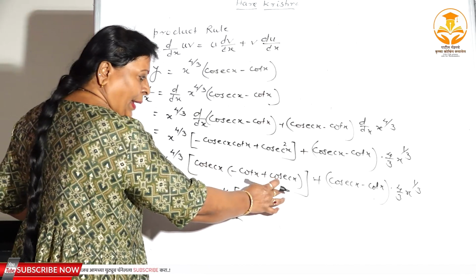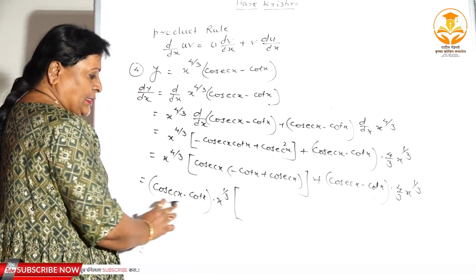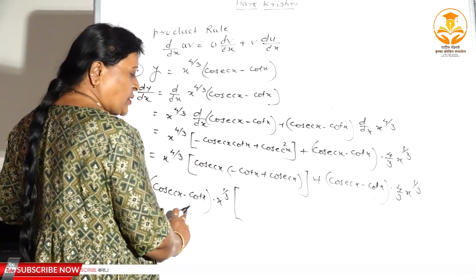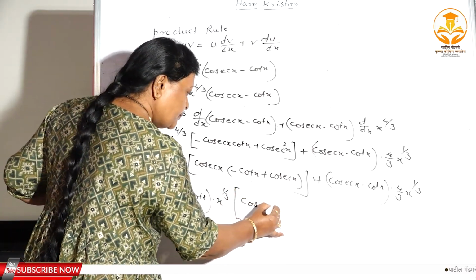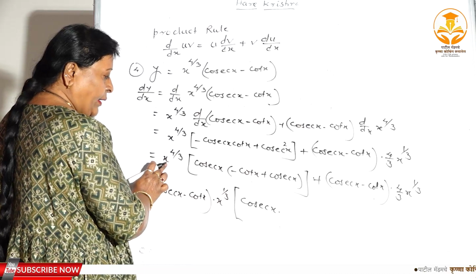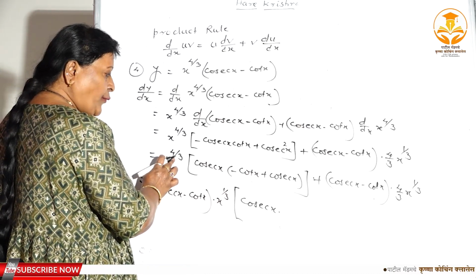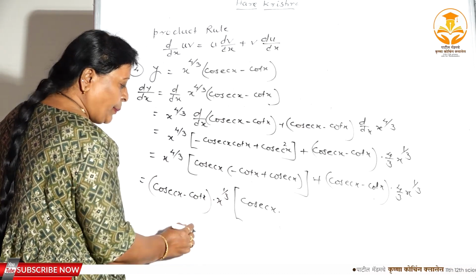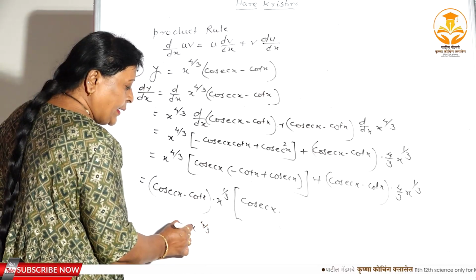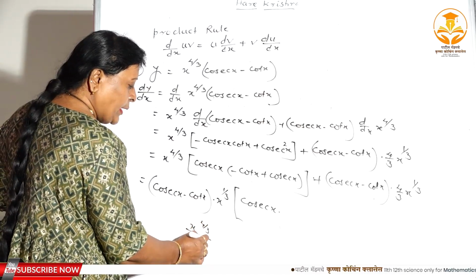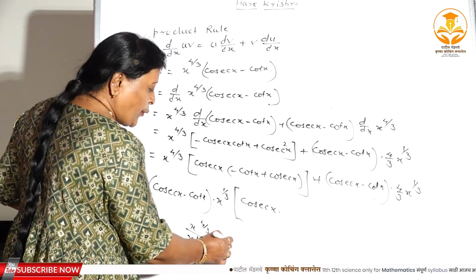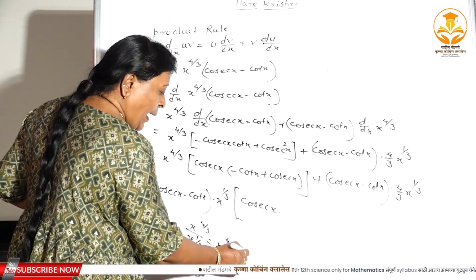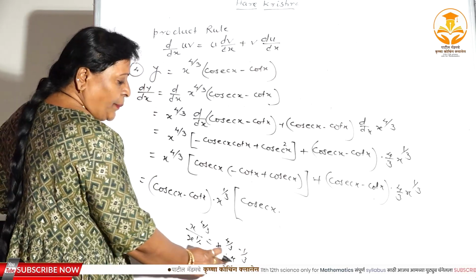Whatever the terms in the bracket, you have to divide them with this, isn't it? Therefore, cosec x minus cot x gets cancelled. What remains? Cosec x. Right? And again, when you divide x to the power 4 by 3 by x to the power 1 by 3, see, x to the power 4 by 3 divided by x to the power 1 by 3. Now you can take this term in the numerator, x to the power 4 by 3 into x to the power minus 1 by 3. Again the base is same.